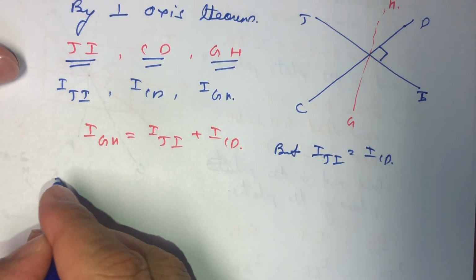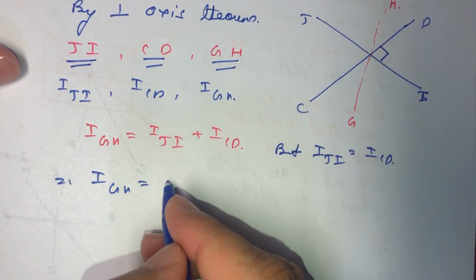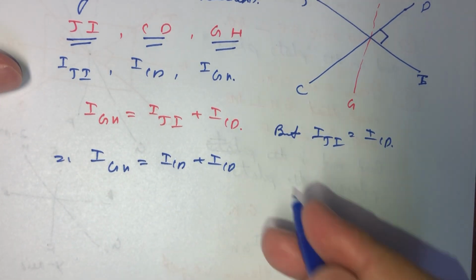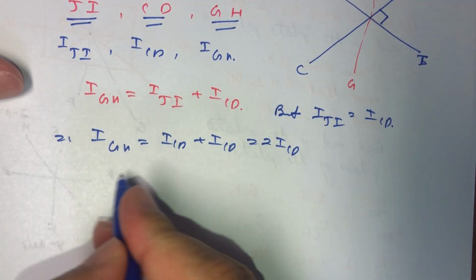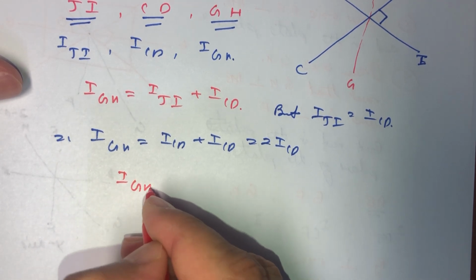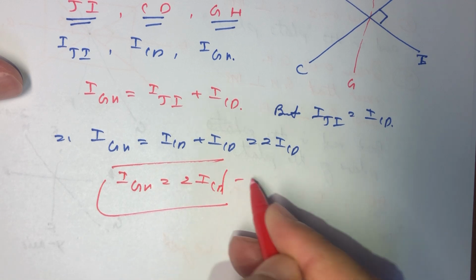So IGH is equal to ICD plus ICD, which is twice ICD. Let this be equation number 2.